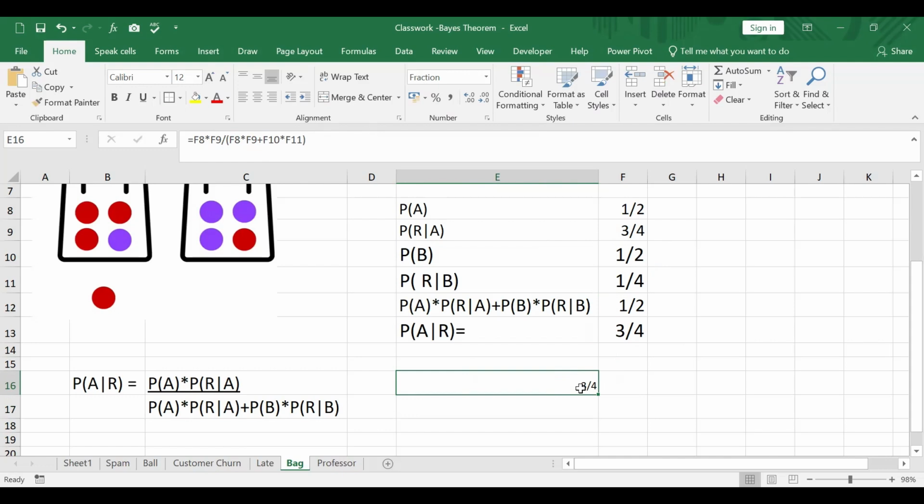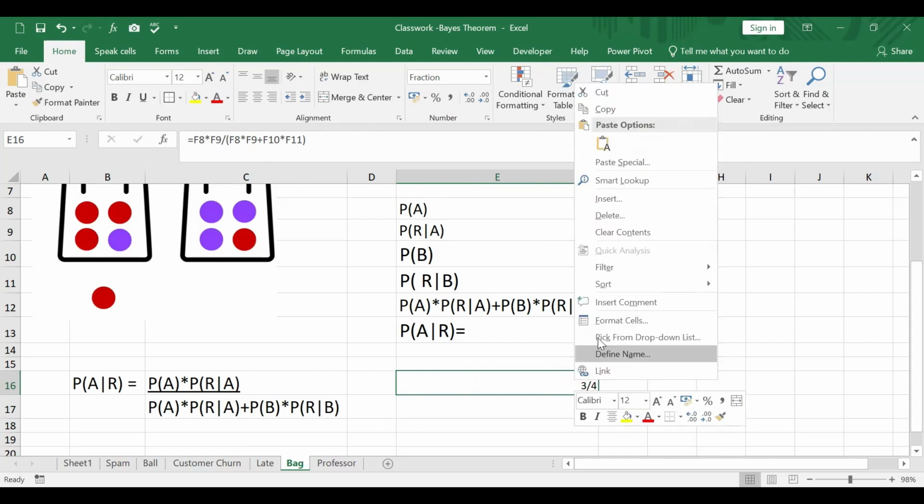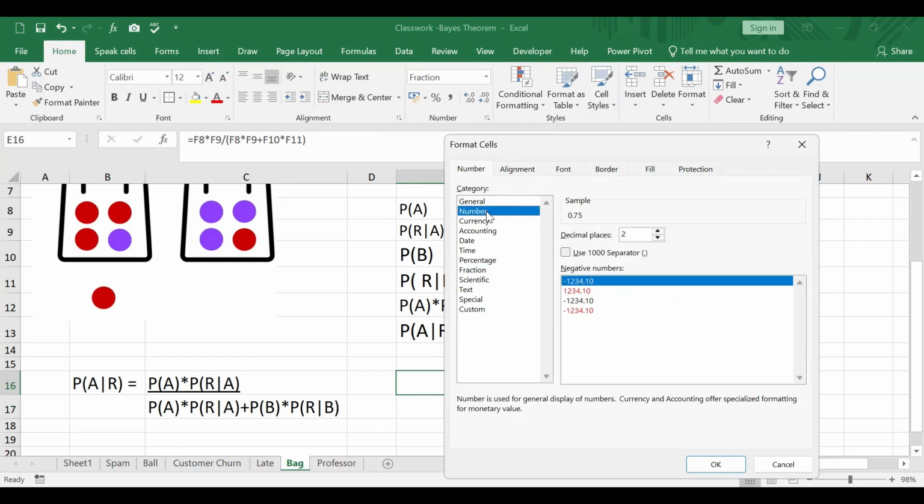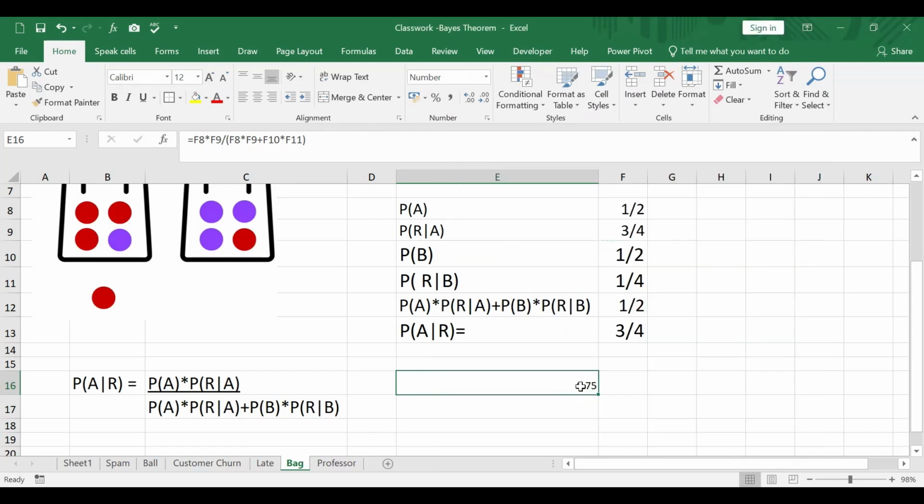Or you might get it as 0.75 also. Now here it is coming as 3 by 4 because I declared this in format cells. I declared this number as a fraction. If I declared it as a number with two decimal places, then it would have come as 0.75. So don't worry, if otherwise you say 1 by 2, it will come as 0.5 also.